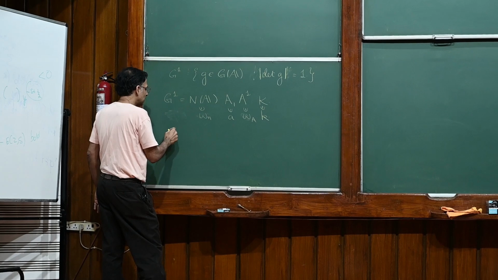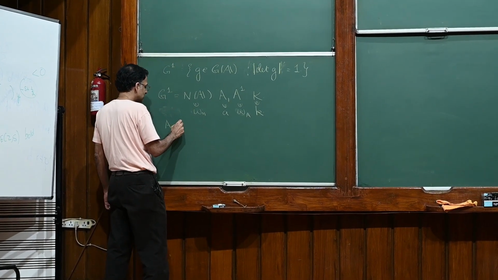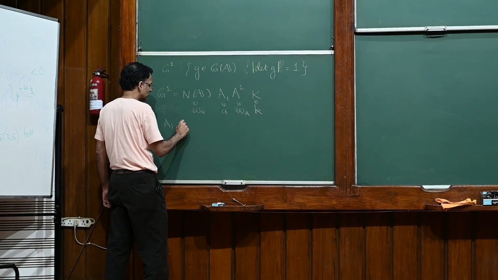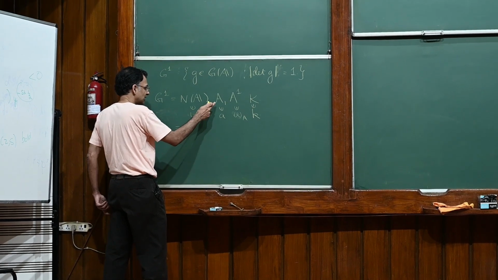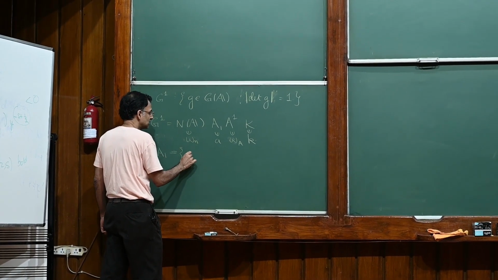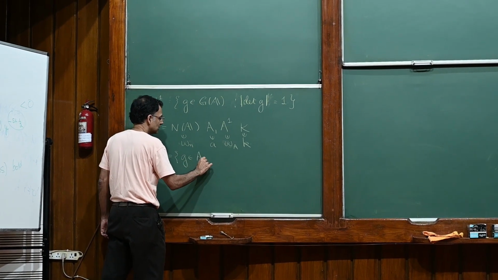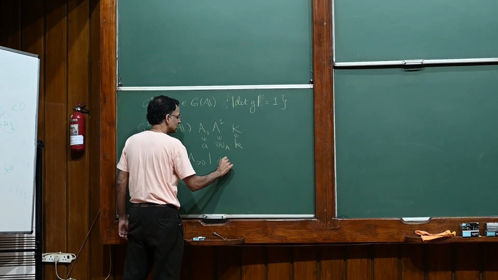And the point is, A1 consists of elements. First of all, A1 is supposed to be all elements of determinant 1 inside A greater than 0. So A1 equals G in A greater than 0, such that determinant G equals 1.